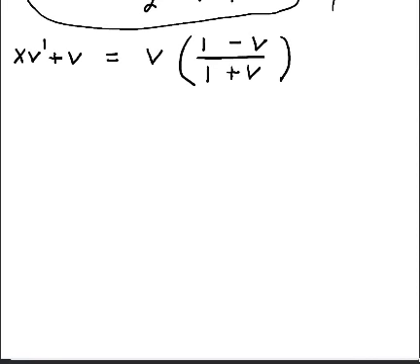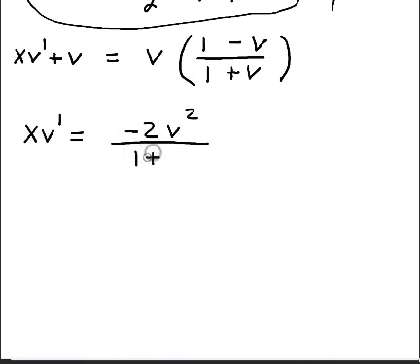So what I'm going to do is either solve for v prime or do some simplification and see if I notice something. So what you see here is that x v prime is equal to, if I subtract v from both sides, and then find a common denominator and add them, using algebra you will get minus 2 v squared divided by 1 plus v.